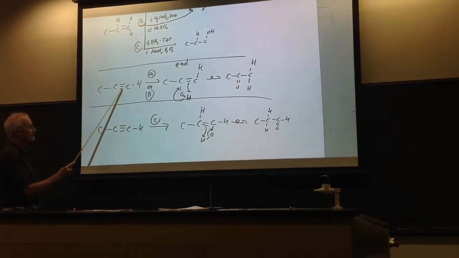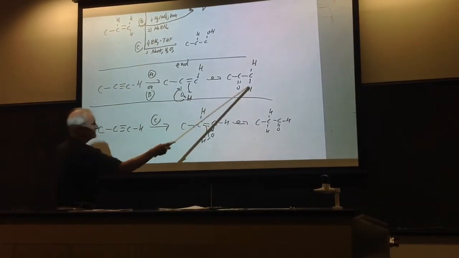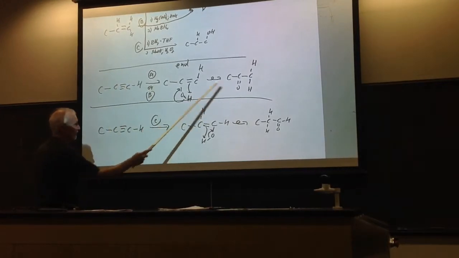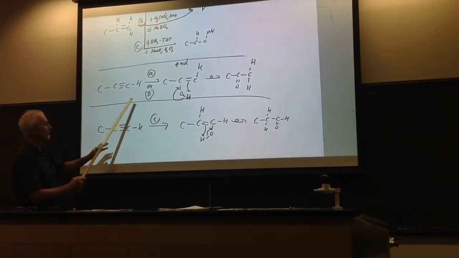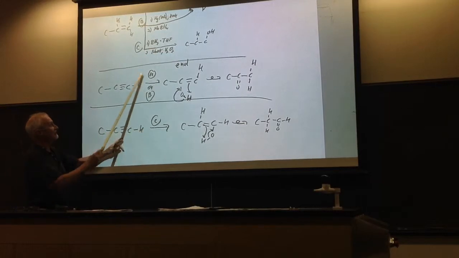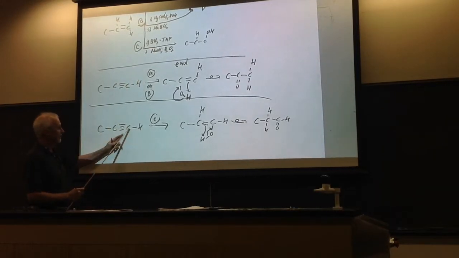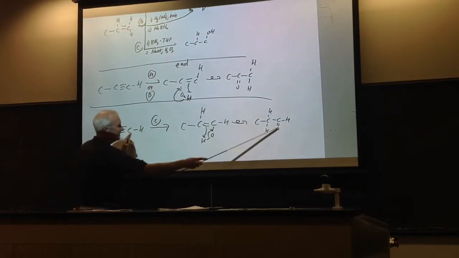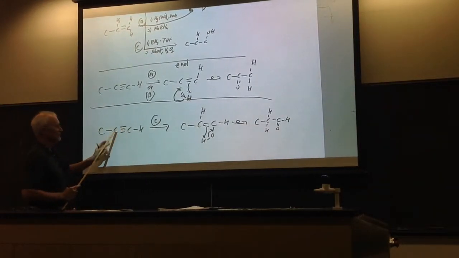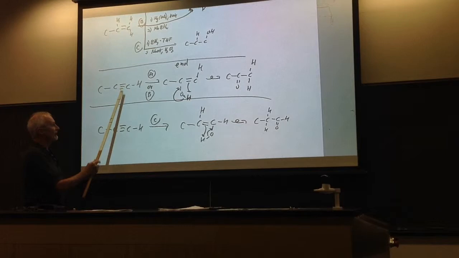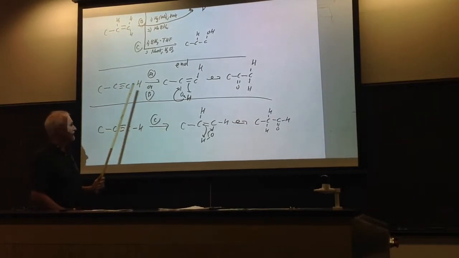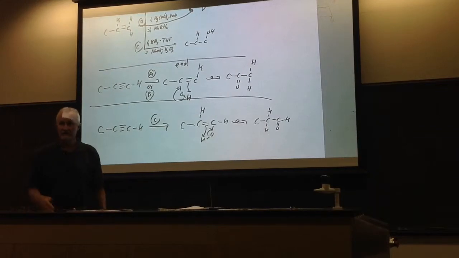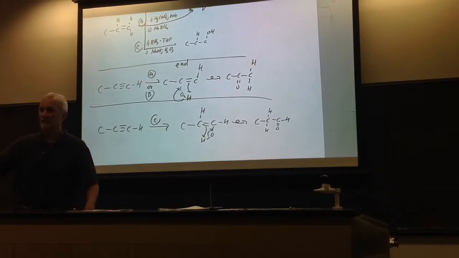So in this case, this carbon gets the 2 hydrogens from the water, and this carbon gets the oxygen from the water. That's Markovnikov orientation. In this case, with these reagents, the carbon that has the most hydrogens gets the oxygen, and the other carbon gets the 2 hydrogens. So basically, when you start with a triple bond, one of these carbons ends up with 2 hydrogens, the other double bonded to oxygen. So you just have to remember which reagent works which way.